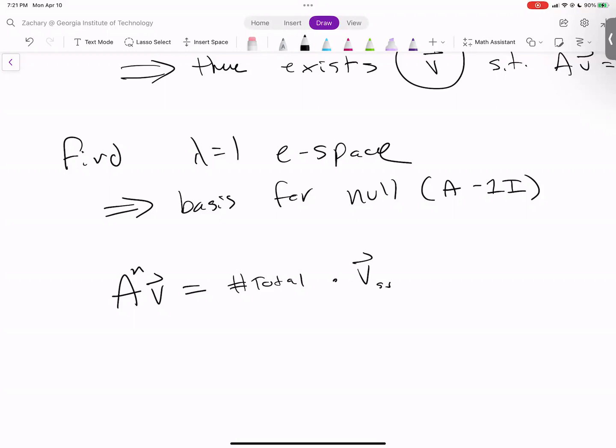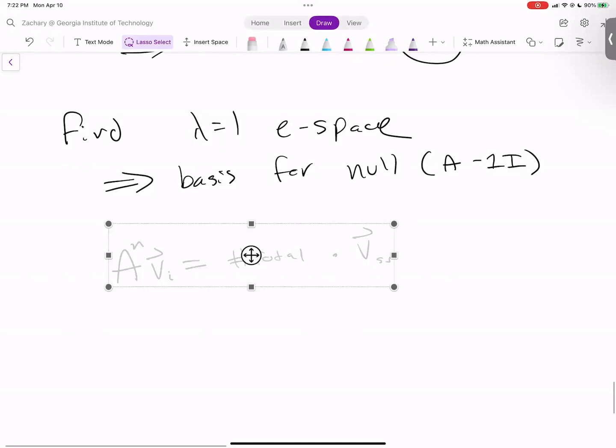I'm going to call this vi just to distinguish it. This is our initial vector, all right? So this is a pretty straightforward process. To find A to the n times any vector, what you have to do is find the total number of people, population, users, whatever, and multiply by the steady state vector, okay?